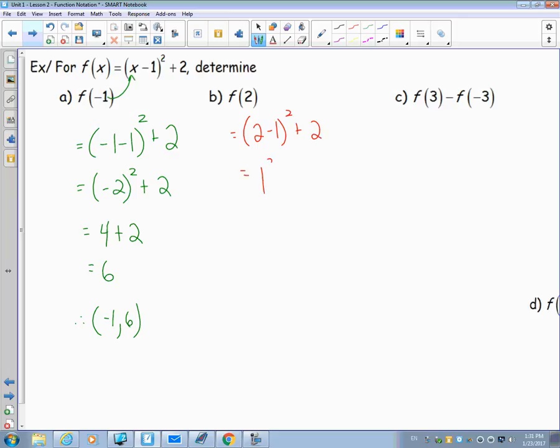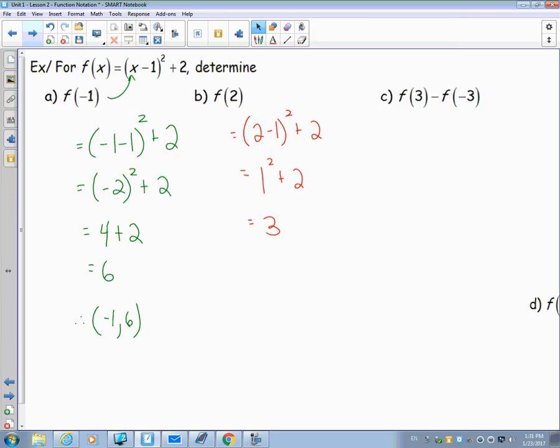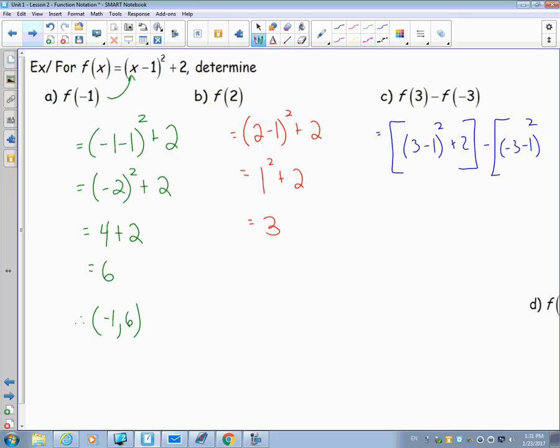And this one's a little bit easier in a way because no signs to worry about. And there's our function value. Again, we can combine things. We're using some function notation. We're going to do it twice. Try the third one. We're going to use the big square brackets again. So we'll do 3 minus 1 squared plus 2 minus negative 3 minus 1 squared plus 2.